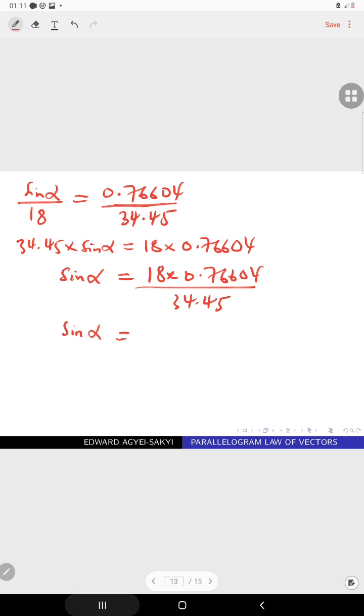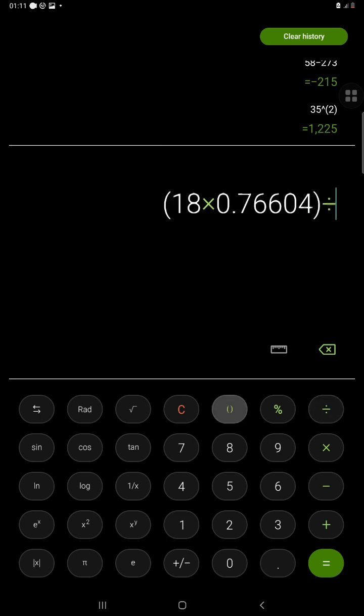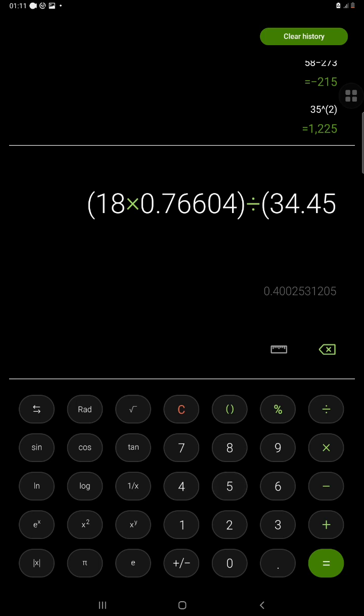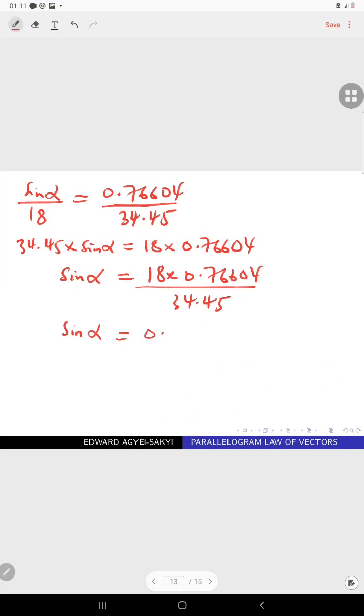What do we get on the right hand side? 18 times 0.76604 divided by 34.45 gives 0.40025.